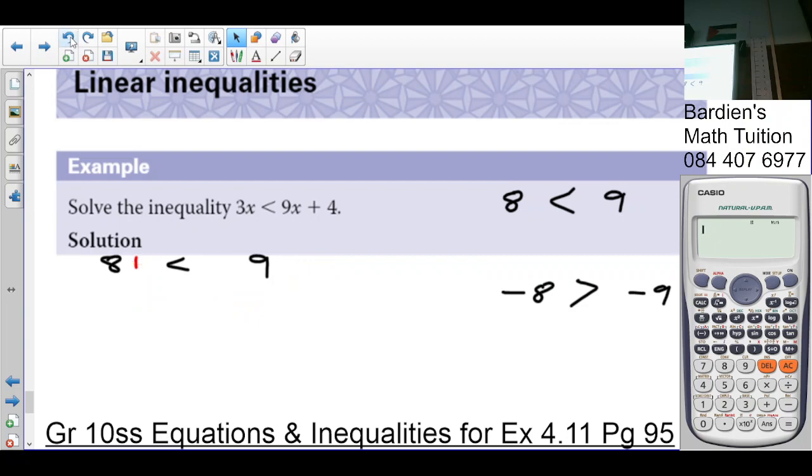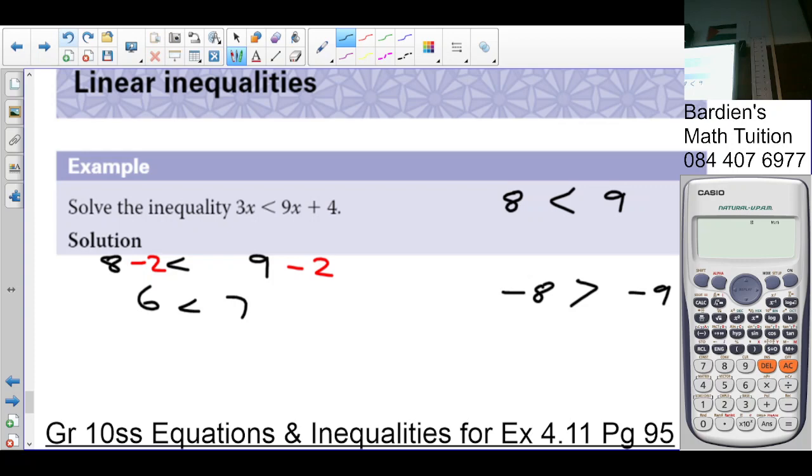If I take 2 away on either side, in that case 6 is less than 7. Not so? Which means to say, if I'm adding or subtracting the same number on either side of the sign, the inequality remains the same.